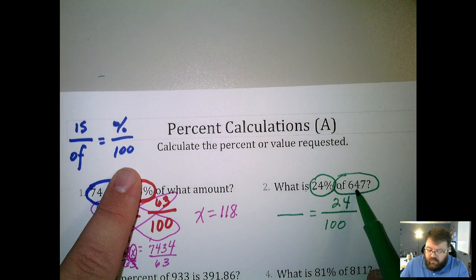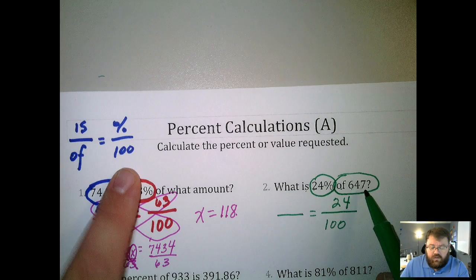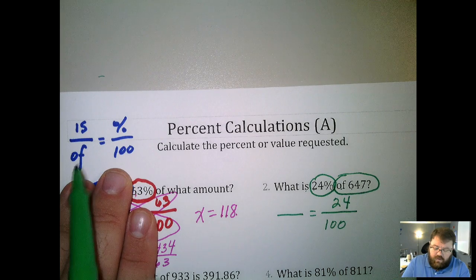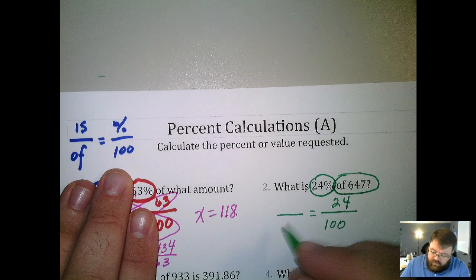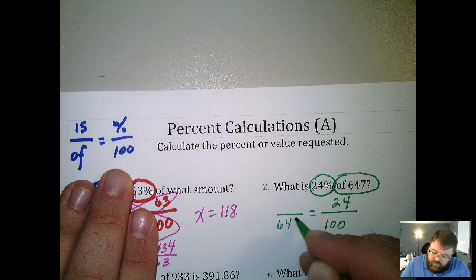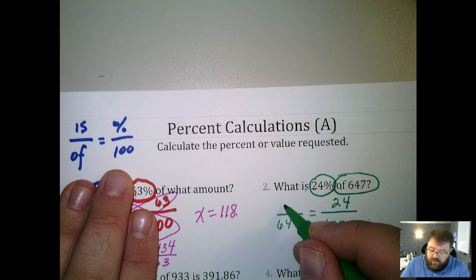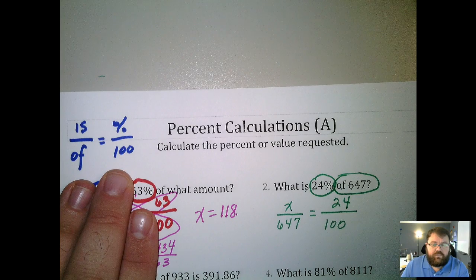Where should the 647 go? Look at your formula. Of 647. So hopefully you said the denominator. Remember, there's always going to be a number missing, and that is going to be your variable.